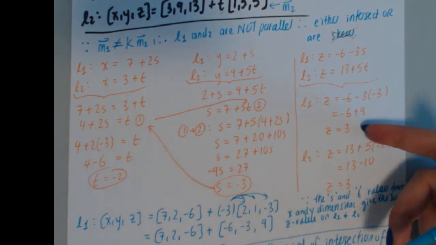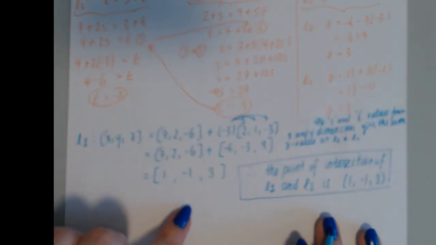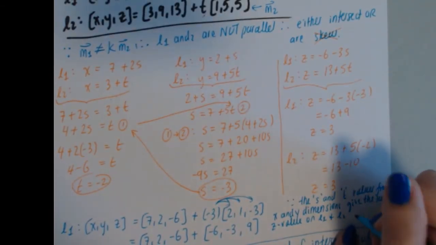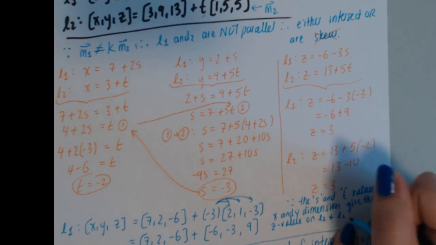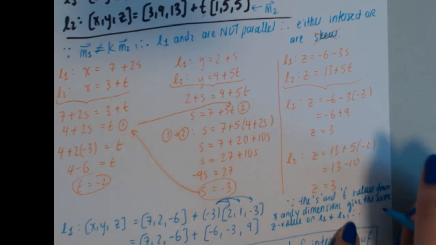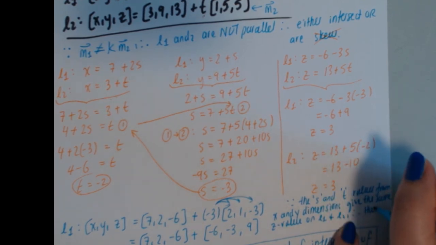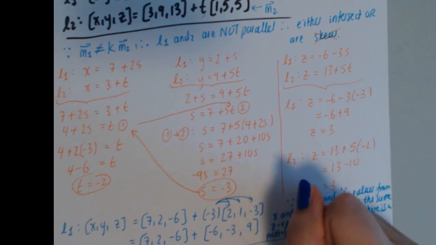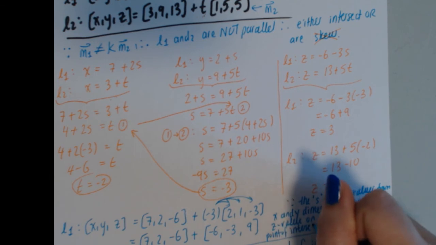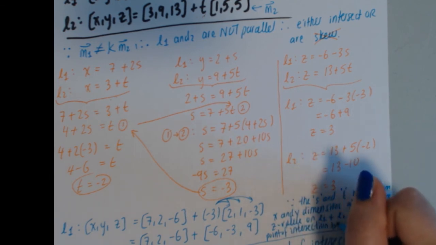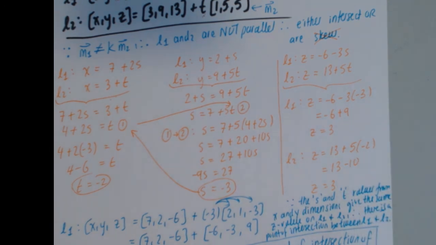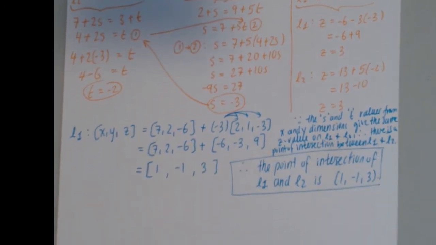So there's the 3 and there's the 3 in your final answer again, right? So since they give the same Z value on L1 and L2, therefore there is a point of intersection between L1 and L2. So just something important that we should include in our final answer there.